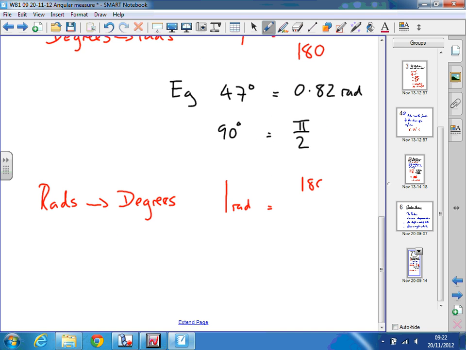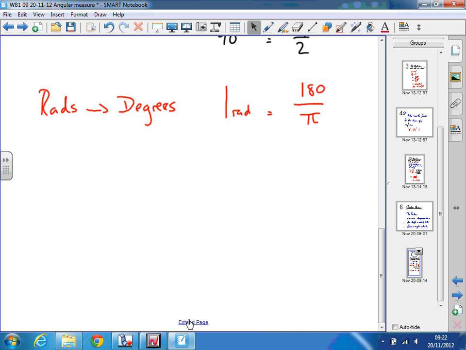The other way around. For example, 2.6 radians is, so I multiply 2.6 by 180 over pi. Answer? 149 degrees.